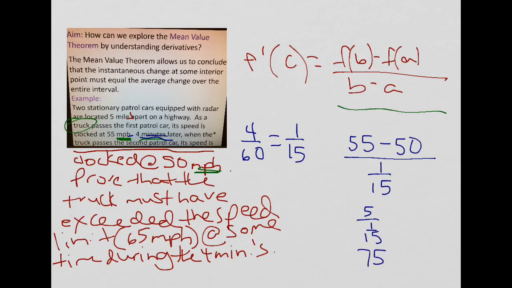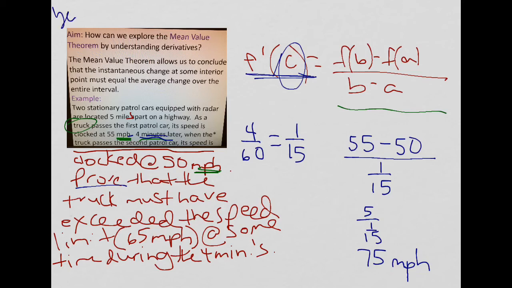So at some point, when x is equal to c, the person in the truck was traveling at 75 miles per hour, and MVT guarantees that this is true. So we're going to write that down.